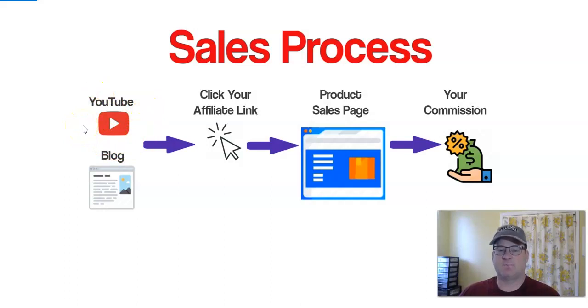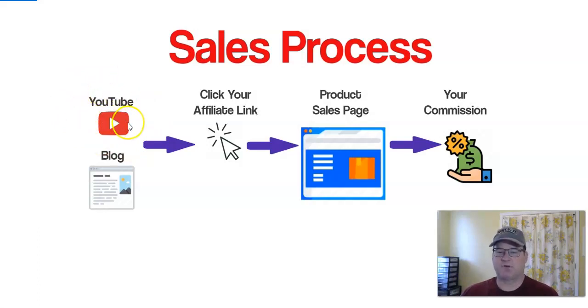You can actually do very, very well making affiliate commissions from YouTube, and that tends to be the largest source of income for people, but you can also get your YouTube channel monetized. So once you hit 1,000 subscribers on your YouTube channel and 4,000 hours of watch time, then your channel can be eligible to be monetized with YouTube ads. Those, as you know, are the ads that you see before a video starts playing or that will pop up throughout the video. And so now you can have your YouTube channel monetized in two different ways.